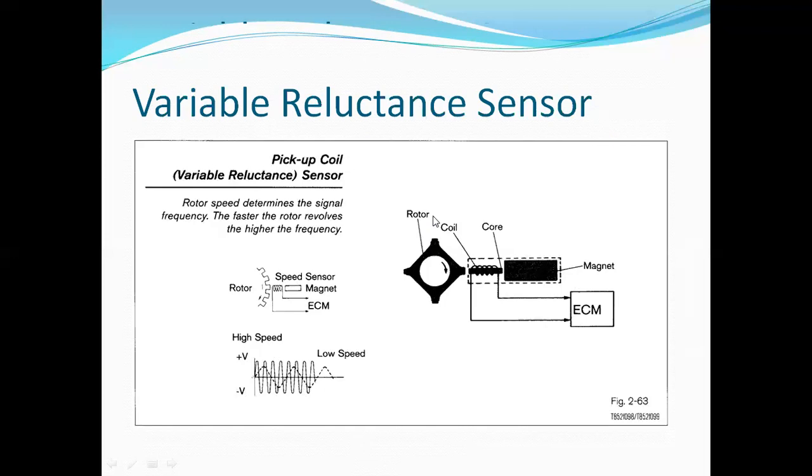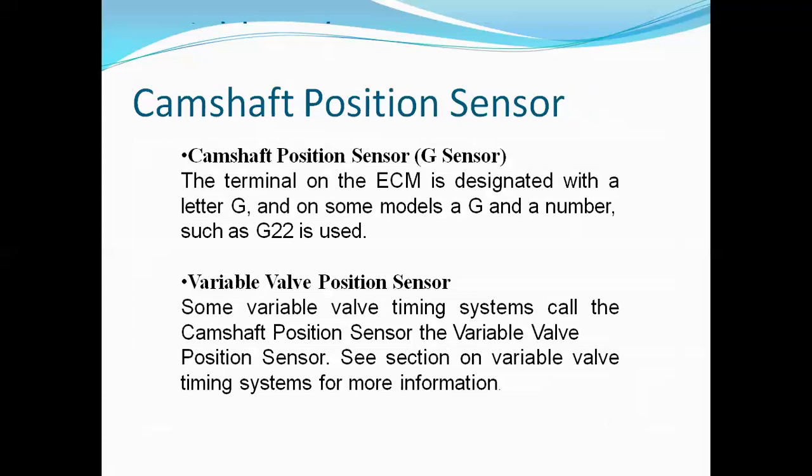In such a way, the electrical power supply will be utilized by the sensor for its own functioning, and it will send the feedback signal to the main device. So, variable valve position sensors.